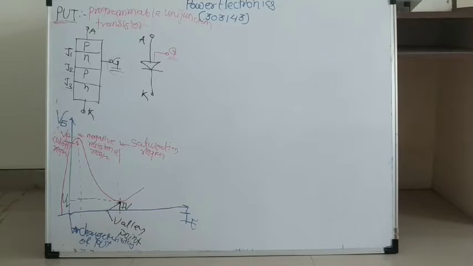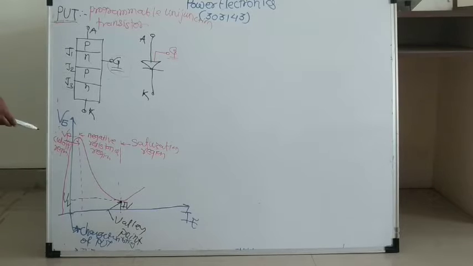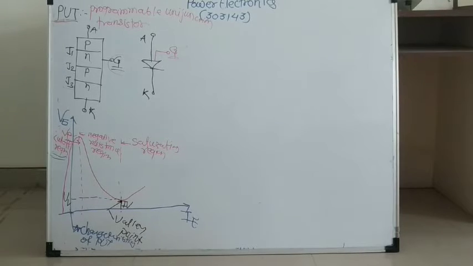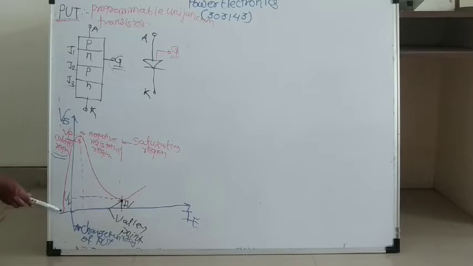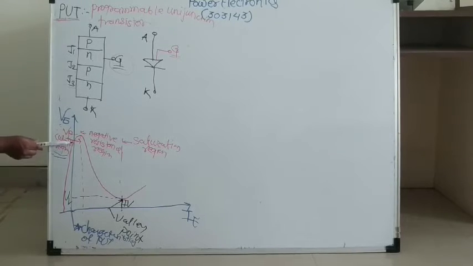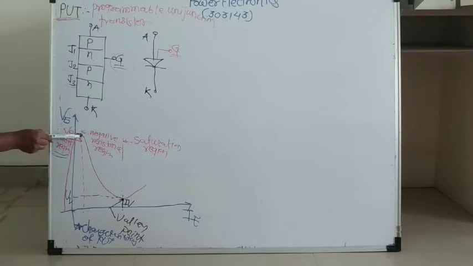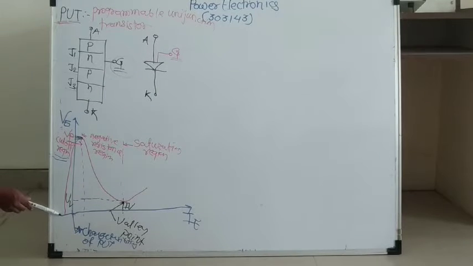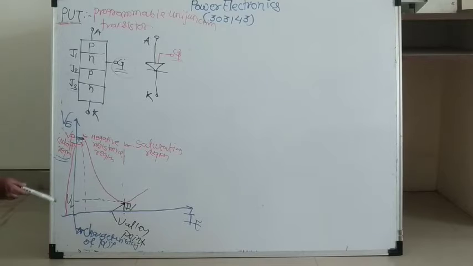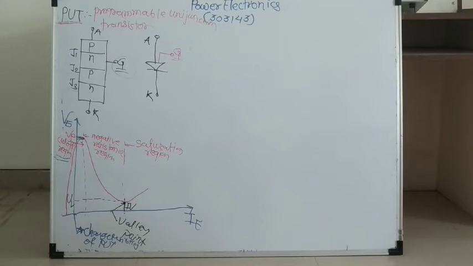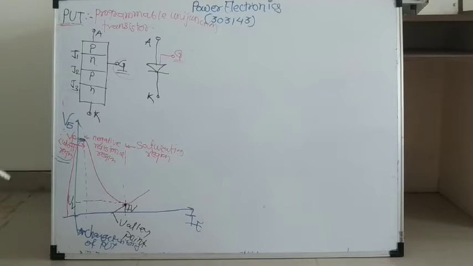Its characteristics are the same as those of the UJT. First is the cutoff region. Now what happens in this cutoff region? Cutoff region means your applied emitter voltage is less than the peak voltage. Here the peak voltage point is there, and when your emitter voltage is less than the peak voltage, in this case your PUT is in the off condition. We can say that PUT is present in the cutoff region.